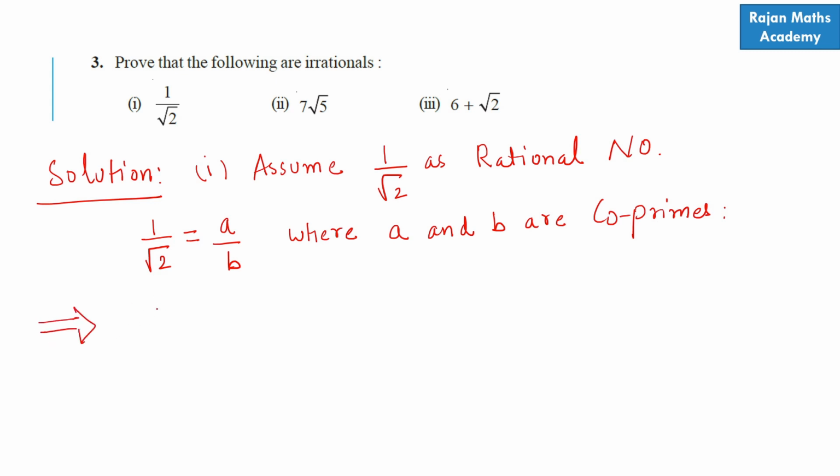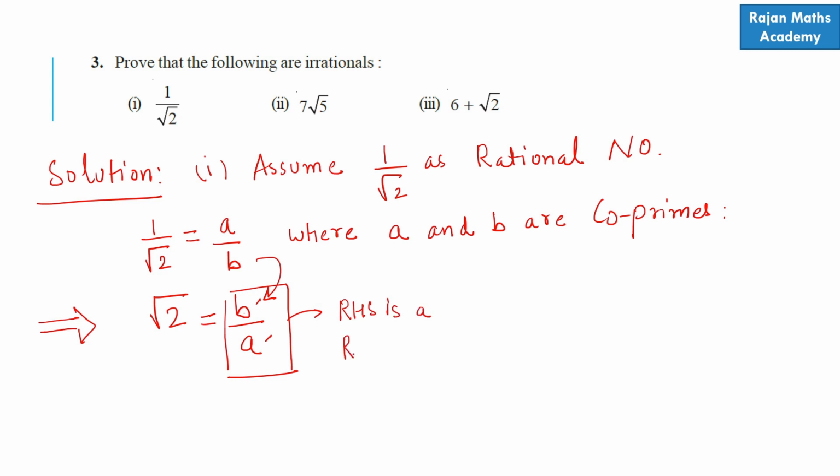Take reciprocal: root 2 is equal to b by a. As b is an integer, a is an integer, b by a, RHS is a rational number.